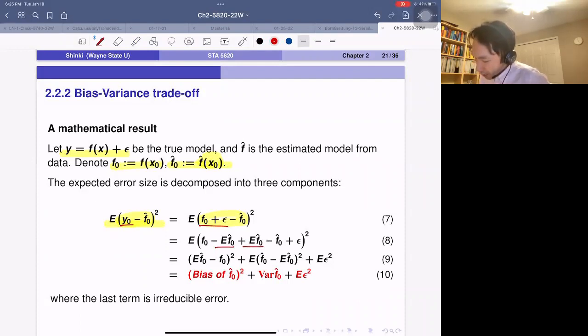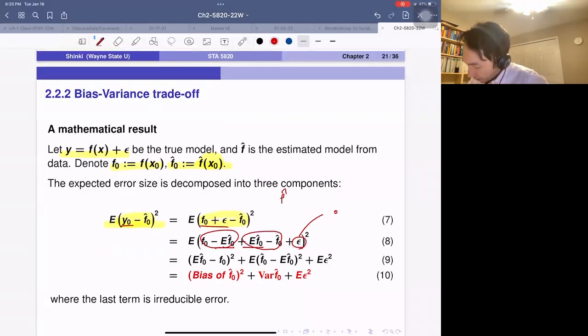Then we can decompose this into 3 terms: this portion, this portion and this portion. At first, note that y0 is based on the new observation, observation 0, and f hat is based on the old observations x1 to xn. So this is for x0, y0.